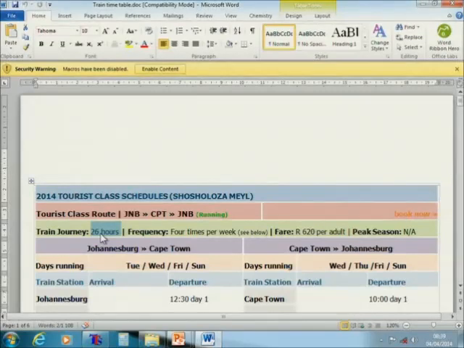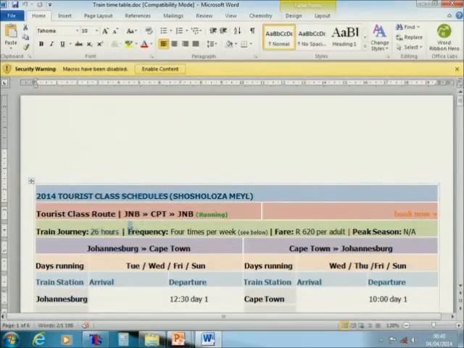When we talk about time, we usually say we estimate it, even if we can do the calculations. Estimation is very important because we don't know what will happen along the way. But if nothing went wrong, if everything was smooth, then from Johannesburg to Cape Town the train will take 26 hours.